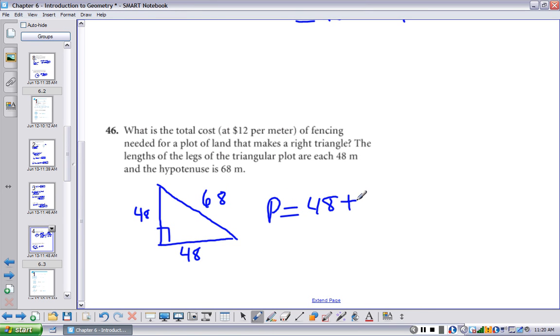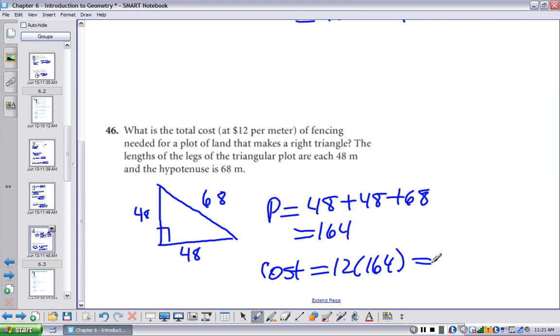It's 48 plus 48 plus 68, which is 164. But the cost is going to be $12 per meter times the 164, which is going to be $1,968.